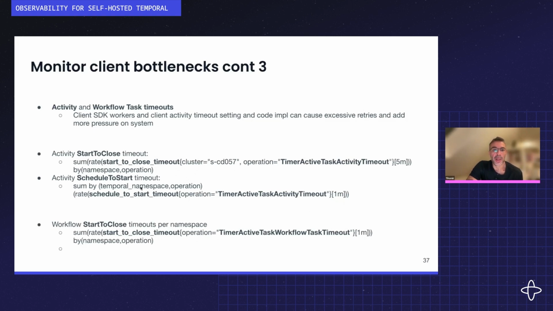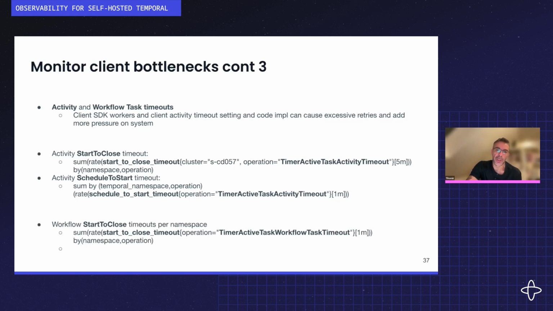Another thing is the activity schedule to close timeout, which is another activity timeout, from when the activity task is scheduled until it's started. It's a non-retryable timeout, but monitoring this can be a pretty good indication of, for example, user workers being down.